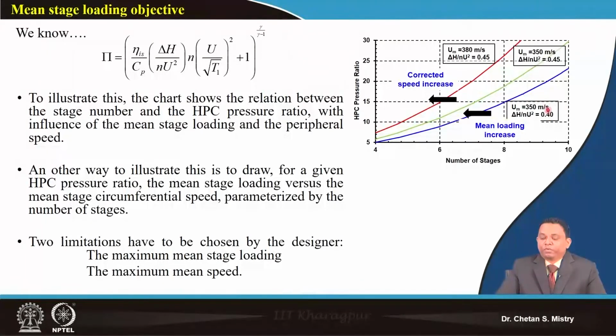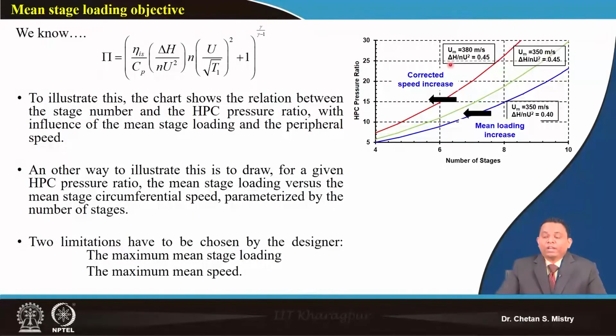So here, if I increase the mean stage loading, it says I am able to reduce the number of stages. At the same time, we are able to achieve high pressure ratio.